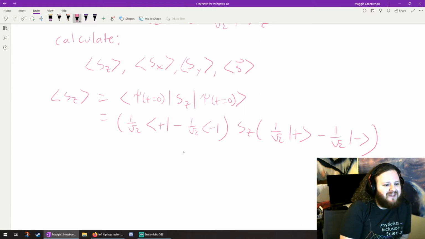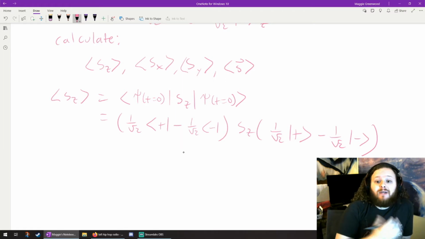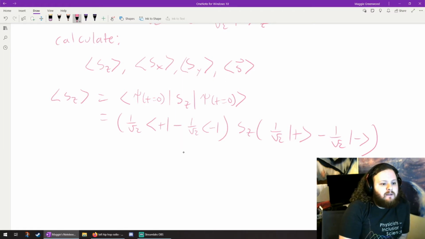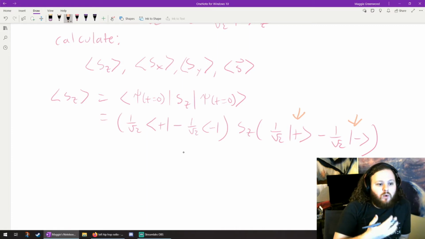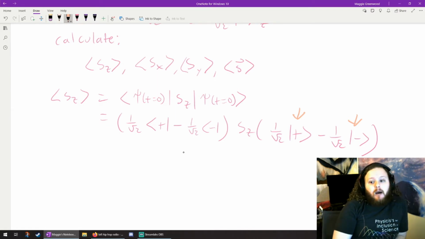And now, because I want to try and stay in bracket notation, the only way I can stay in bracket notation for this calculation is to know the action of SZ on one of its own kets. The way that we got these spin states before, plus and minus in the Z basis, are nice orthogonal vectors like x hat and y hat, that are the eigenvectors of this SZ operator.